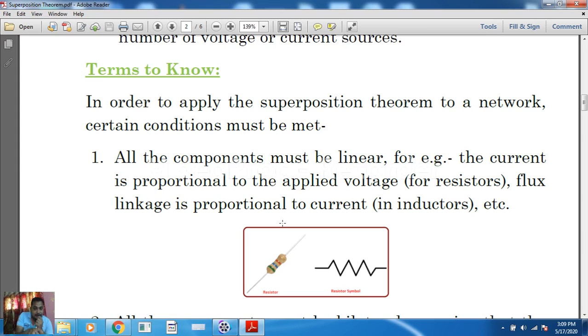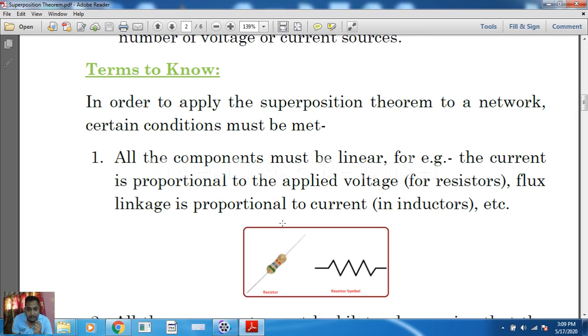If we connect a source in the left hand arm, the current will flow from left side to right side. And if we connect the source in the right hand side, the current will flow from right side to left side. So current can flow in both directions.